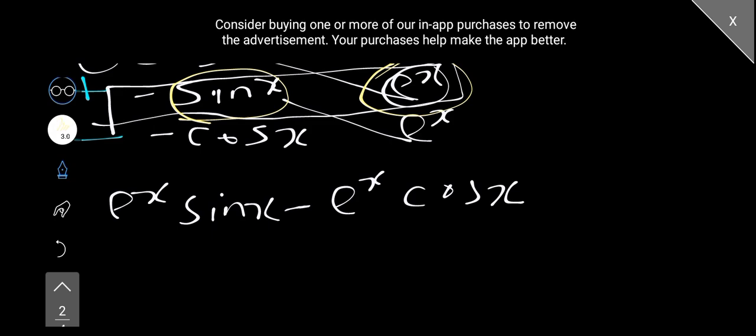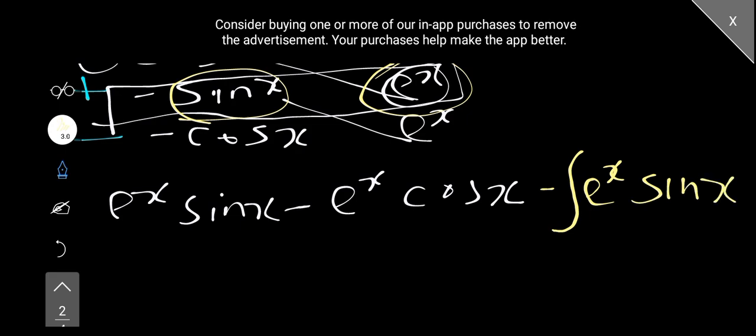So at this stage, we multiply. We are going to get a minus because of this positive here and the negative. So we get a minus integral of e power x sine x dx there.